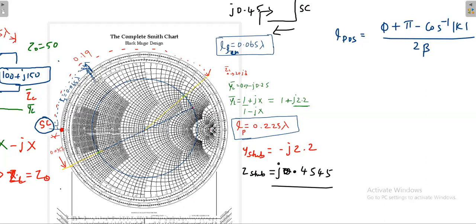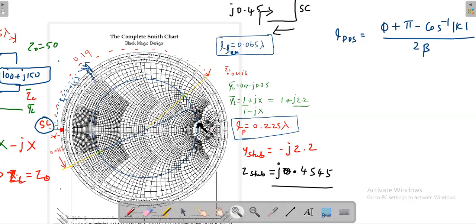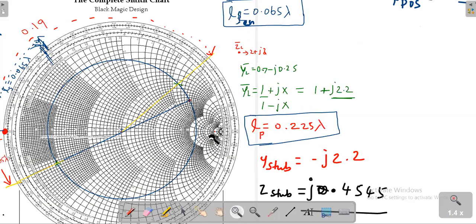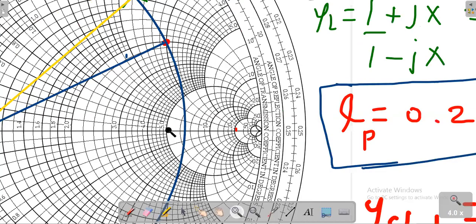There are five circles, 1, 2, 3, 4, 5. If it is 5, then it is 6. In between 6 and 7, 6.4 is correct.